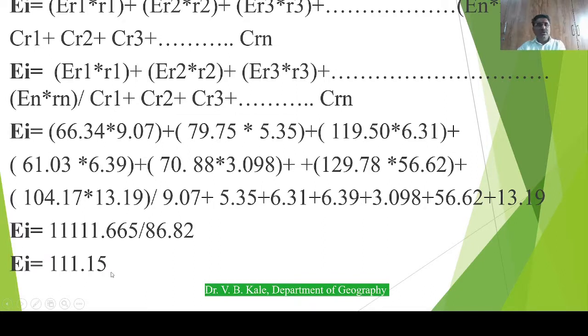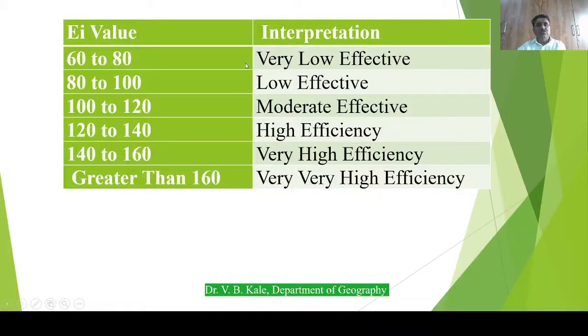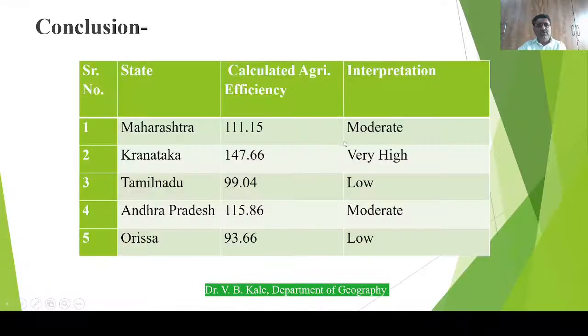But what about the others? So this is the conclusion. Maharashtra has 111.15, so that is the range. Using this table, Maharashtra ranks in between 100 to 120, moderate effective. So the agricultural efficiency of Maharashtra is moderate.